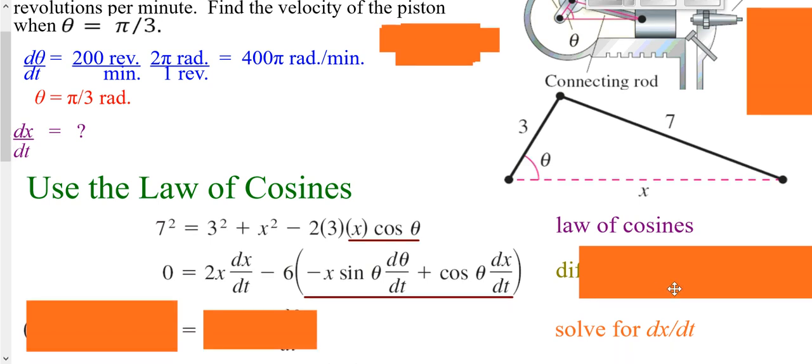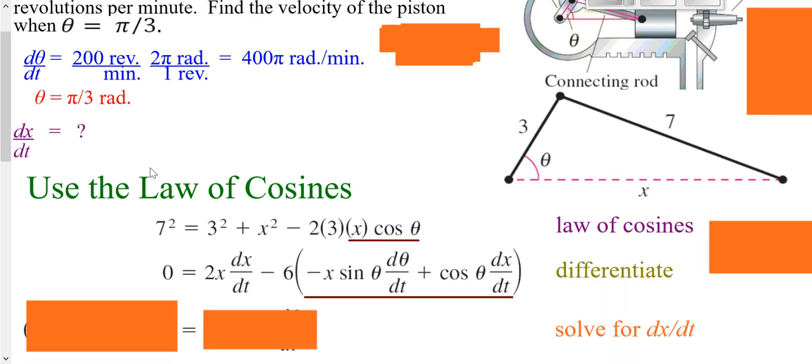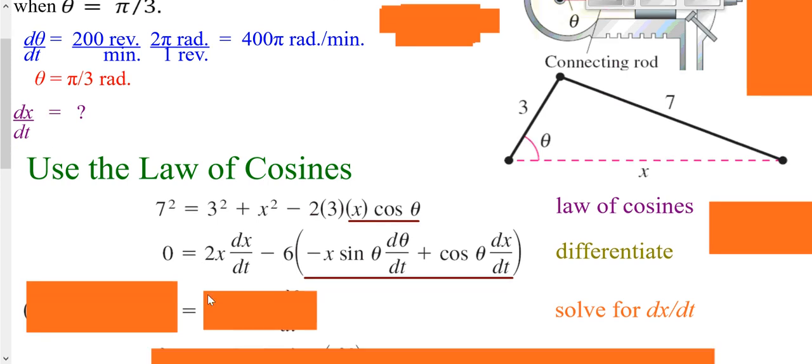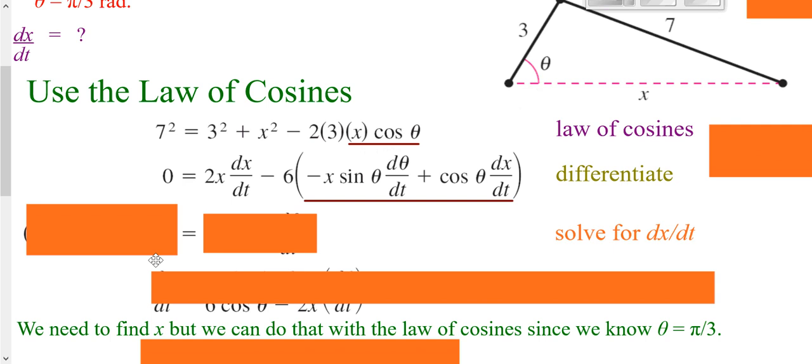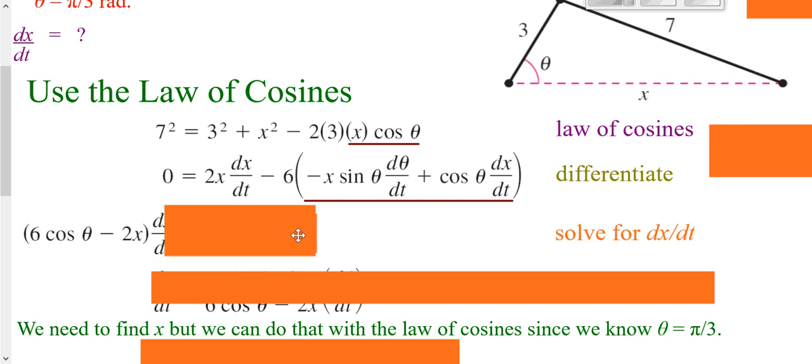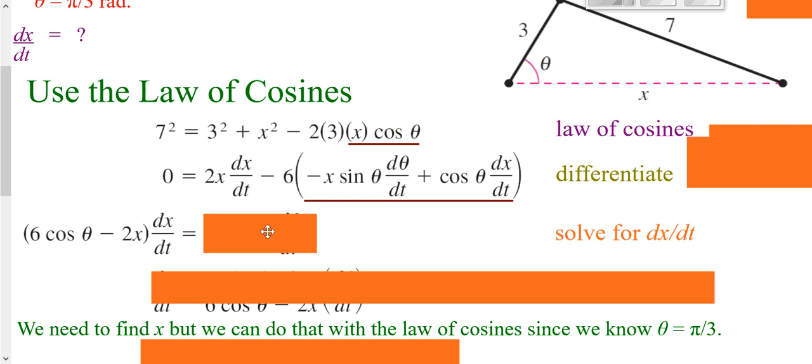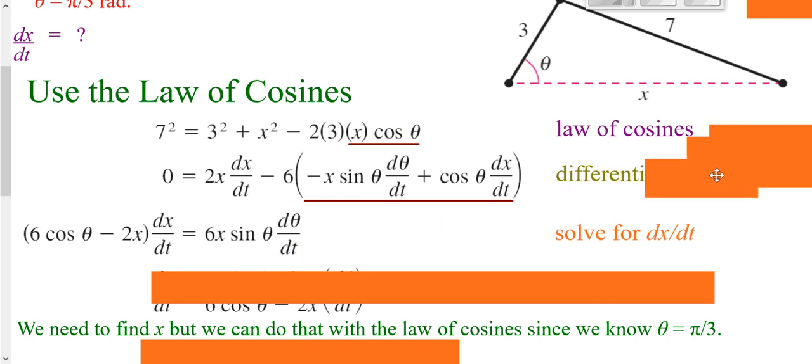Okay, so now we're trying to solve for dx/dt. So let's go ahead and get dx/dt by itself. We could distribute through, get all the dx/dt's on one side, and the non-dx/dt's on the other side.